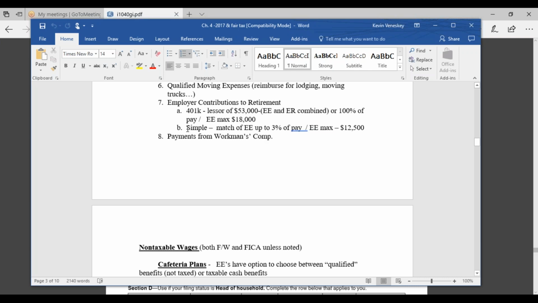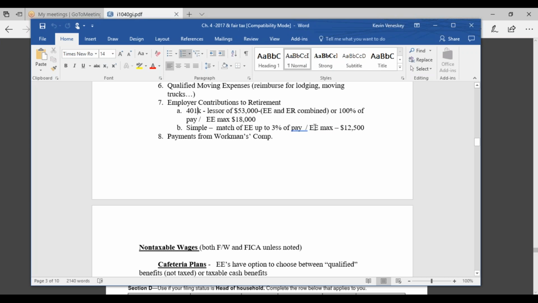Notice how much not as good the simple plan is. A 401k plan requires a lot of paperwork, a lot of red tape, and so they can get these numbers a little higher because the government knows the company is probably following all the laws. These simple plans have a lot less stringent policies, and so I guess you probably could sneak around certain things.